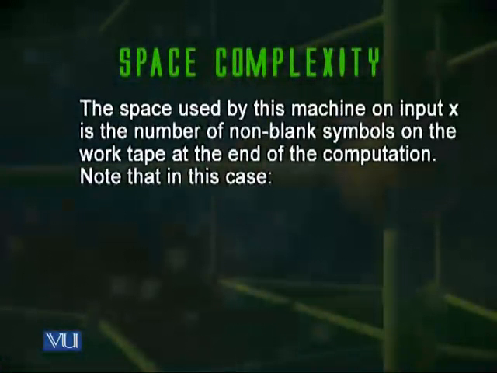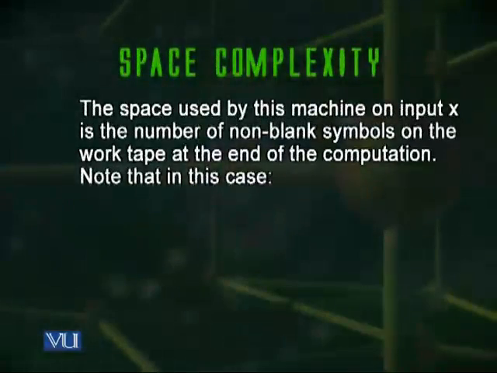So the space used by a Turing machine on input X is the number of non-blank symbols on the work tape at the end of the computation. Of course, here, since we are studying space complexity and not computability theory, we would only be dealing with Turing machines that halt on all possible inputs.